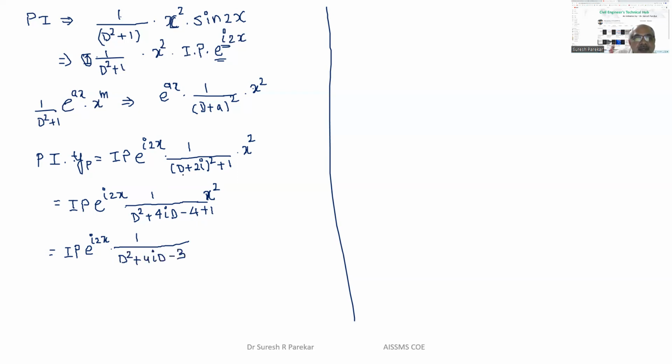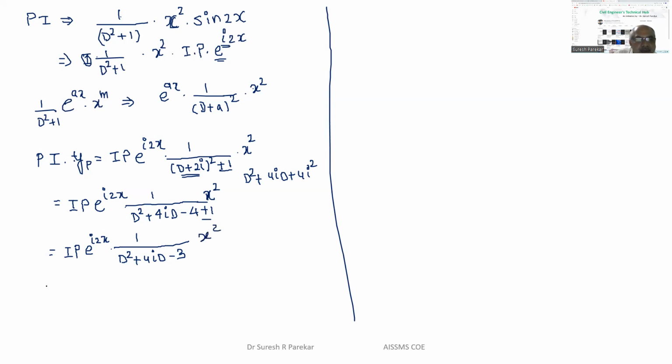Here the square of this is D square plus 4iD plus 4i square. i square is minus 1, so minus 4, and this one we have as it is. Now we have to take minus 3 outside.